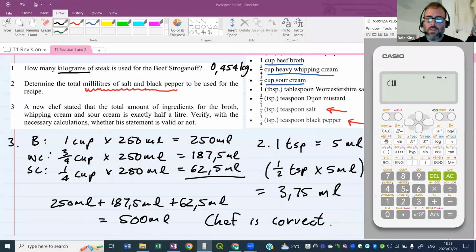So we could say 1 times 250 plus 3/4 times 250 plus 1/4 times 250. So if you do this all in one line, it'll also give you an answer of 500 as well. All right, any questions?